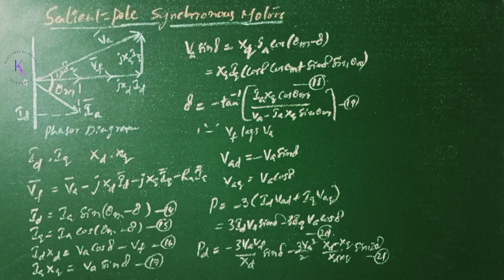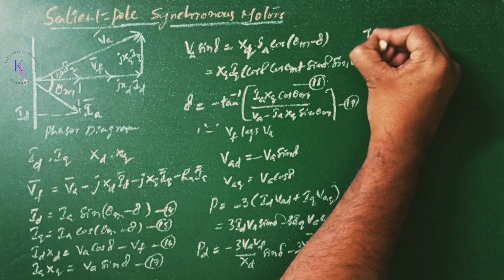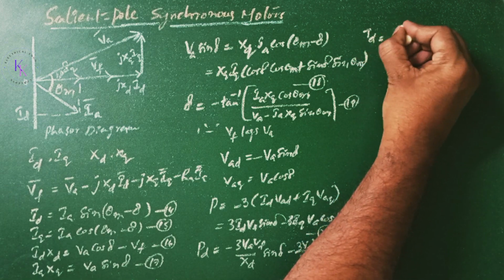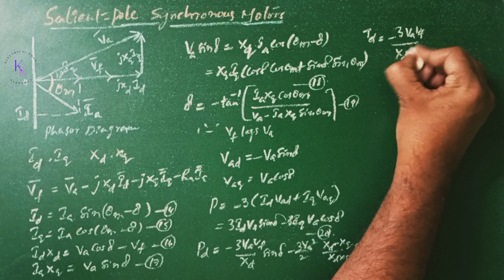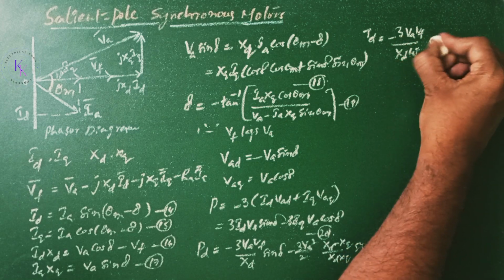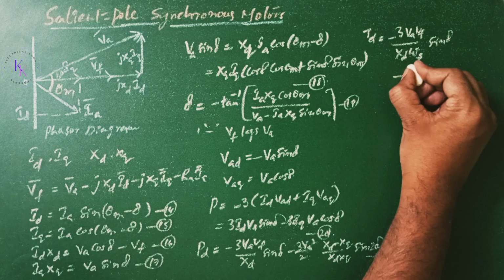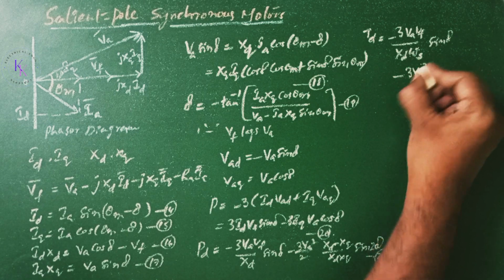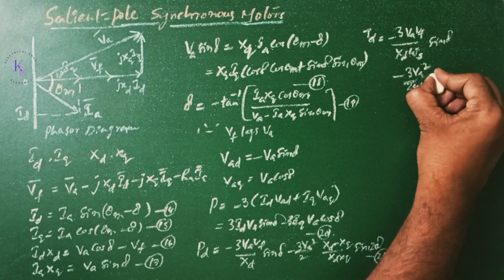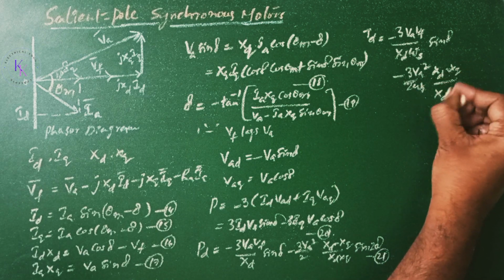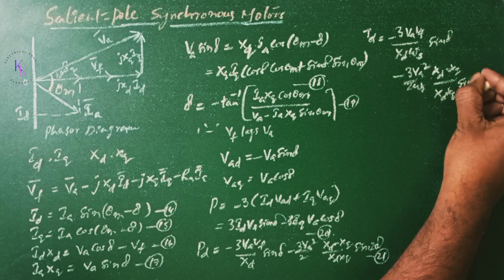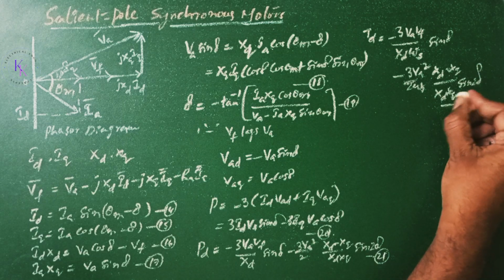Now dividing the above equation by the speed gives the developed torque Td equals minus 3 Va Vf by Xd ωs sin δ minus 3 Va squared by 2ωs times (Xd minus Xq) divided by Xd Xq sin 2δ. Let it be equation number 22.